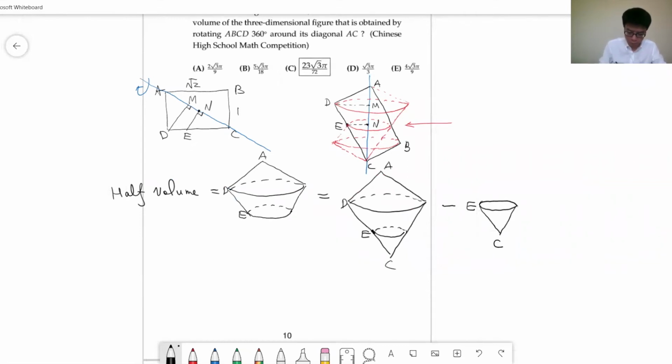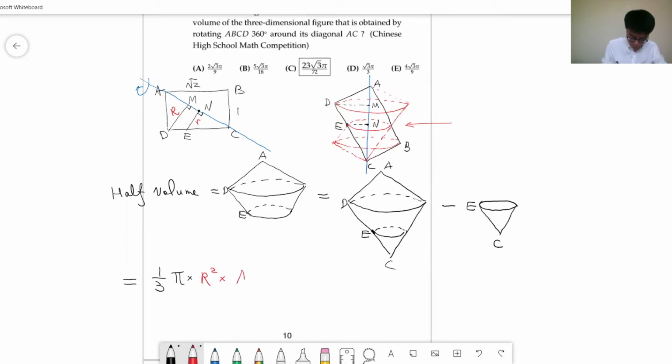For this big one, it's basically the sum of two cones. The formula for the volume of the cone is 1/3 pi times the radius squared times the height. Here the radius is DM. Let me call this radius R. And EN is the small radius, so let's call it little r. So this is R squared times the height, AM.